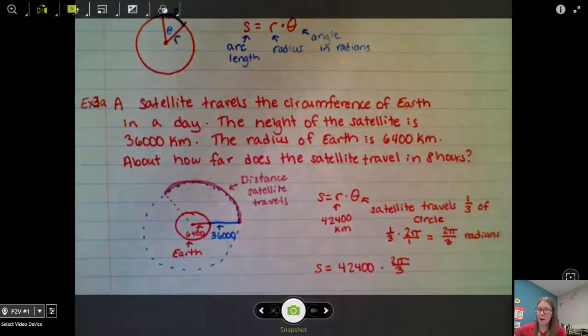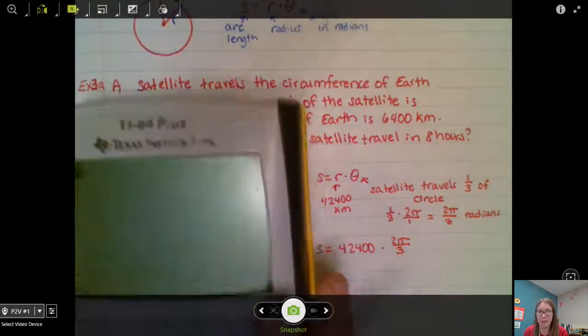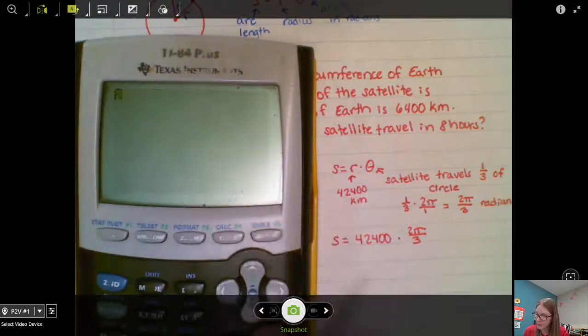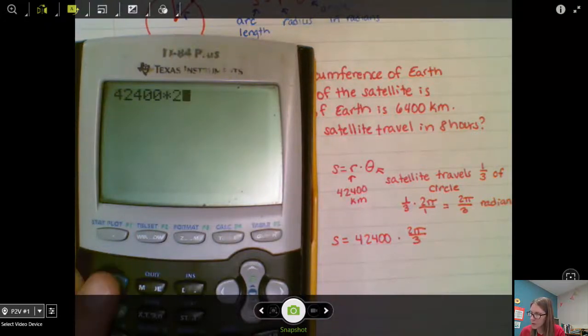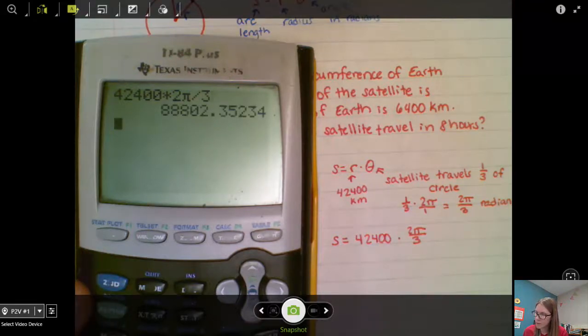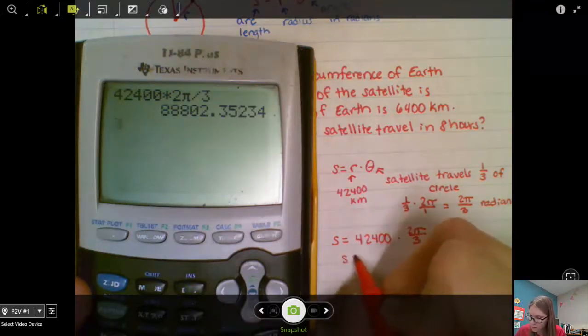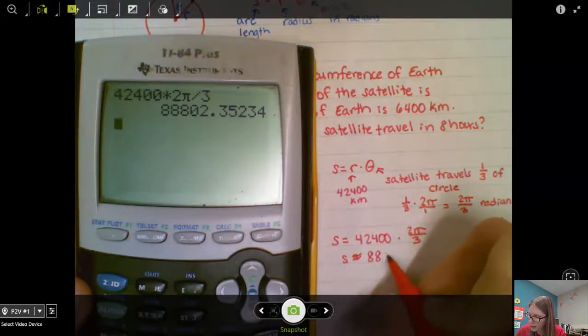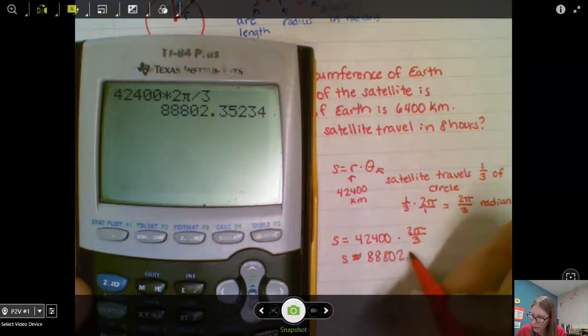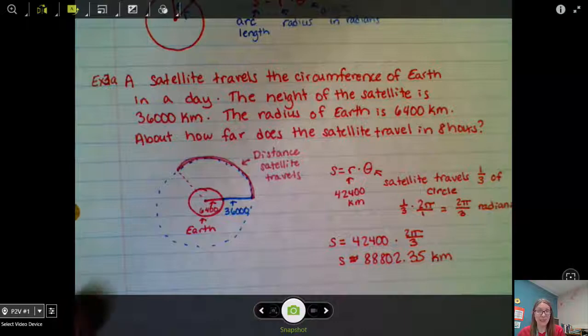And if we type that in our calculator, that'll tell us how far our satellite has traveled in the 8 hours. 42,400 times 2 pi over 3. So our satellite travels approximately 88,802.35 kilometers in that 8-hour span. That's pretty far.